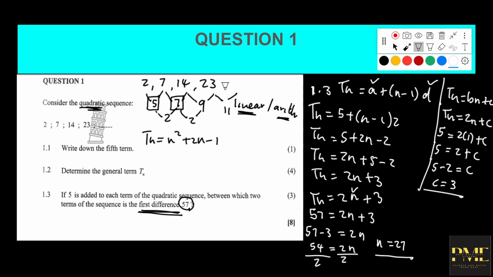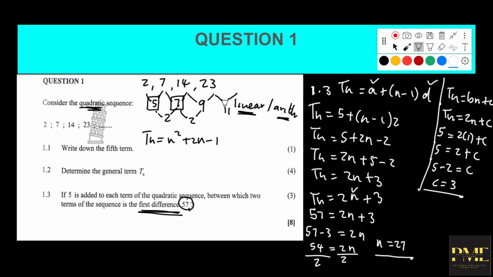Let me make an example: our first difference equals 9 between term 3 and term 4, and you notice that the 9 is at term 3 when it comes to your linear pattern.